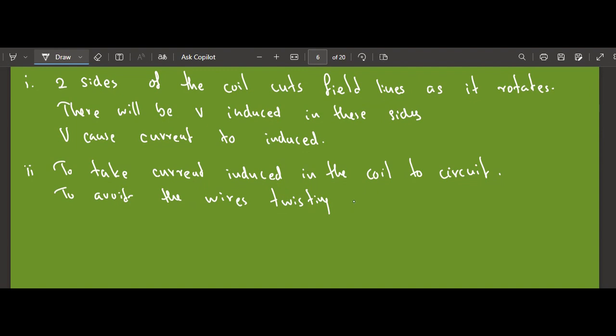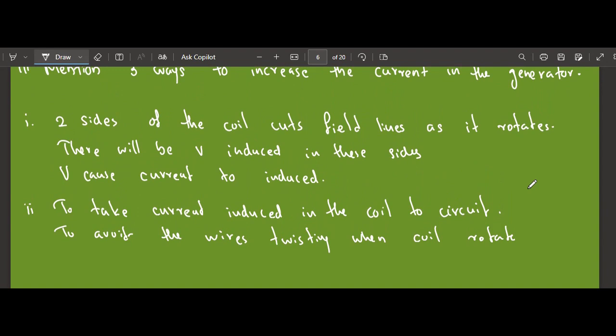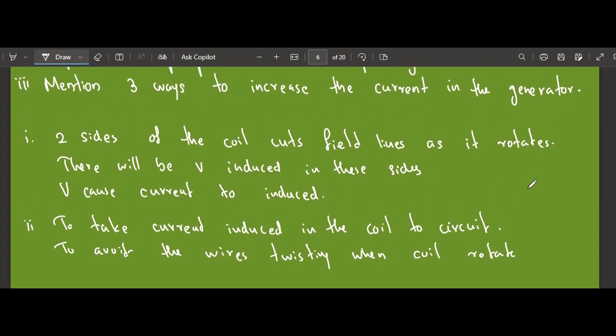Next one, mention 3 ways to increase the current in the generator. That one I also told you. So rotate faster, use a stronger magnet, or use more turns.